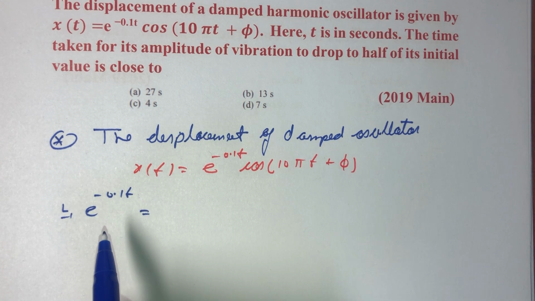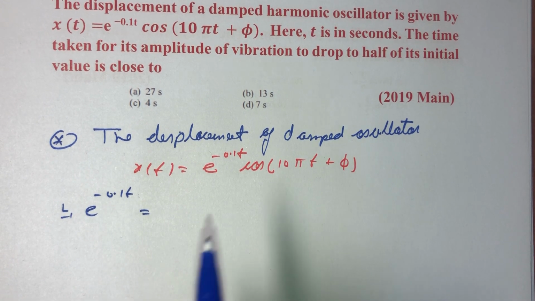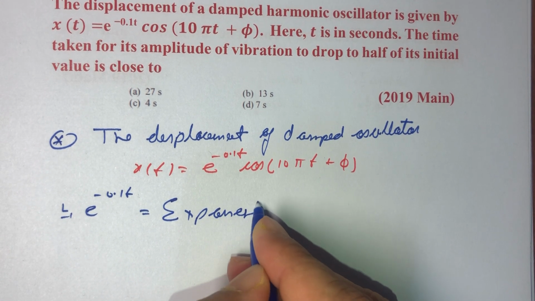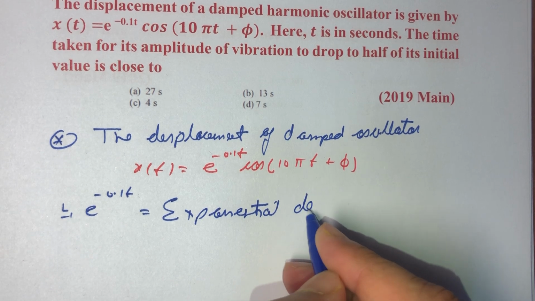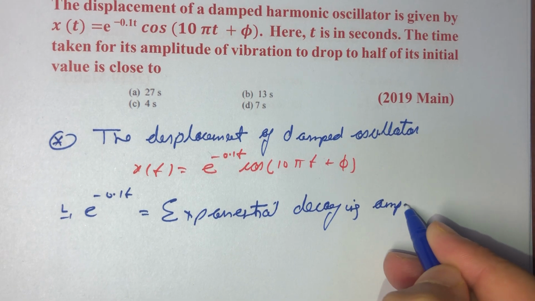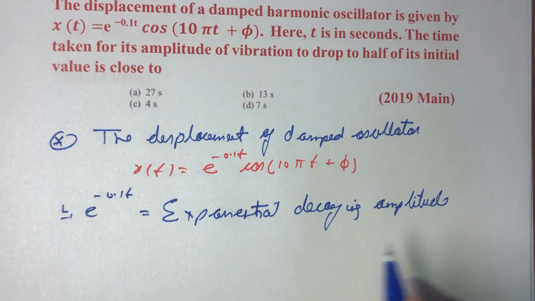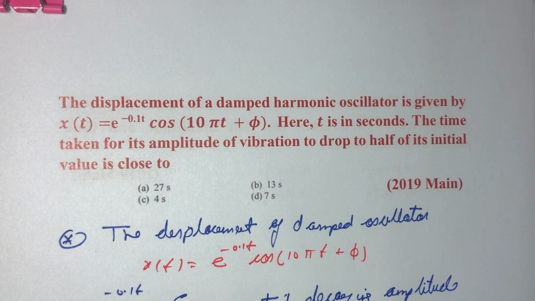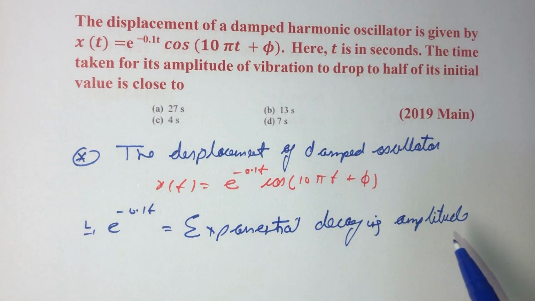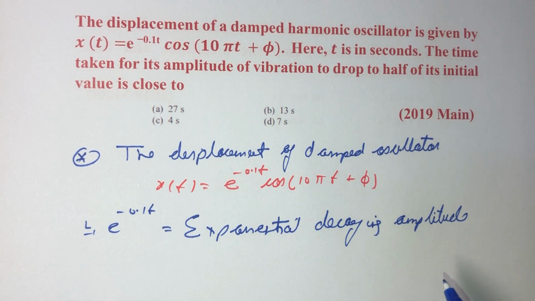So we are going to call it an exponential decaying amplitude. And because of this decaying amplitude, it will be a damped harmonic oscillator, which basically means that the amplitude of the oscillation is going to decay and come to approximately 0 when time is infinity.